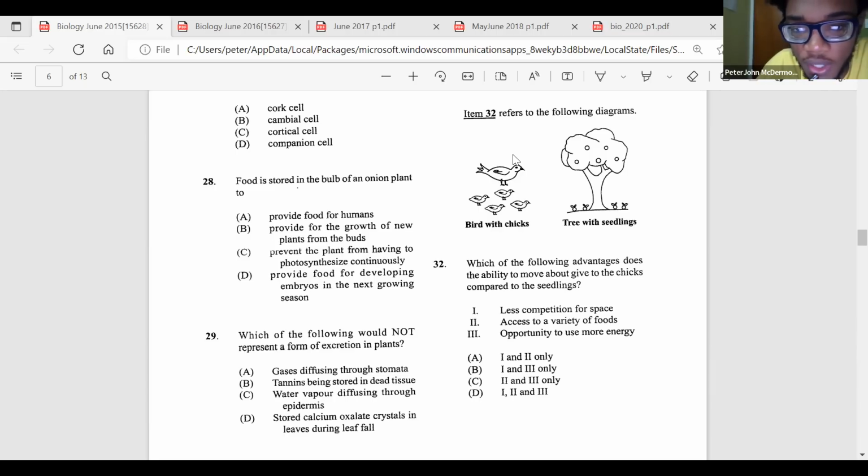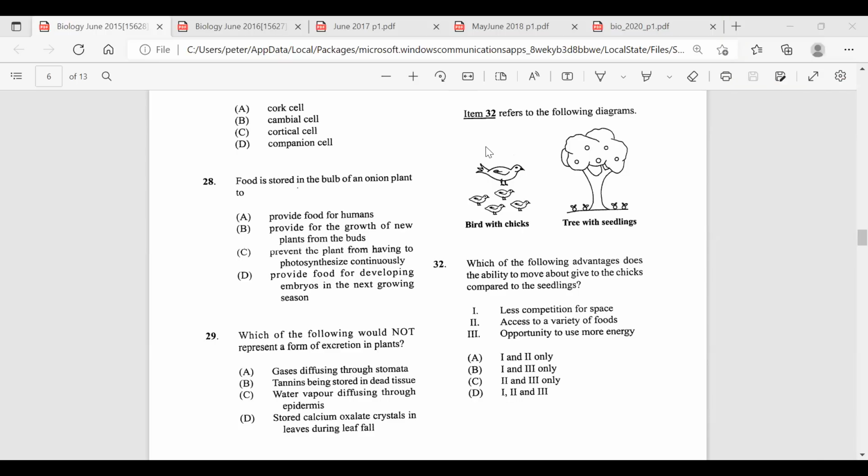Provide for the growth of new plants from the buds. Anybody know how to plant an onion? How do you plant an onion? All right, let's skip that for now then. Prevent the plant from having to photosynthesize continuously.